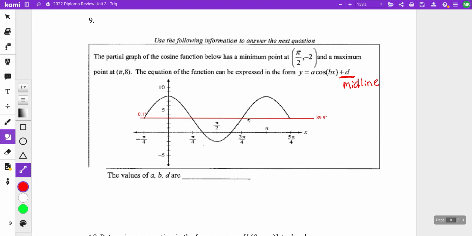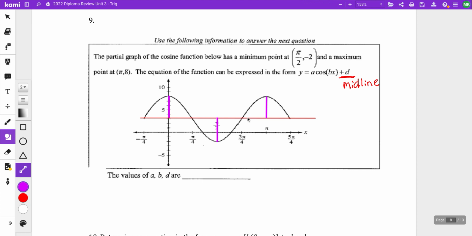And then through paranoia, I would then make sure my midline's right by making sure that's the same distance to the top as it is to the bottom. So if you look, these distances should all be equal. If they're not equal, then you don't have the right midline.